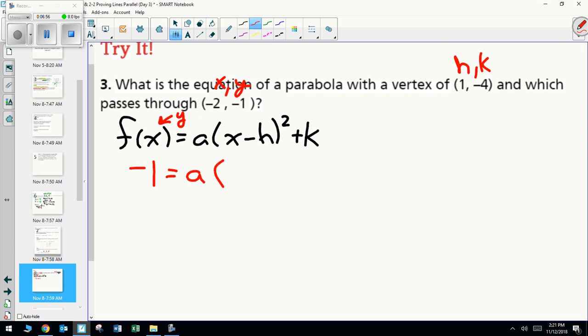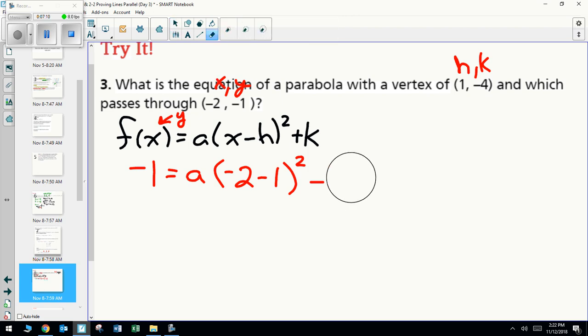That's my one unknown. My x that was given was -2. My h was subtracting 1. And the k was -4. So I should write -4 instead of -k.